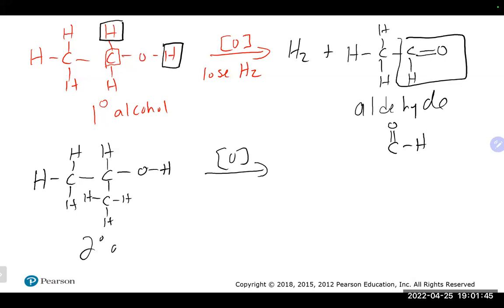Secondary is correct. This is a secondary alcohol. Again, this is the carbon that has the OH group attached directly to one carbon there and two carbons there, right? The exact same thing happens.